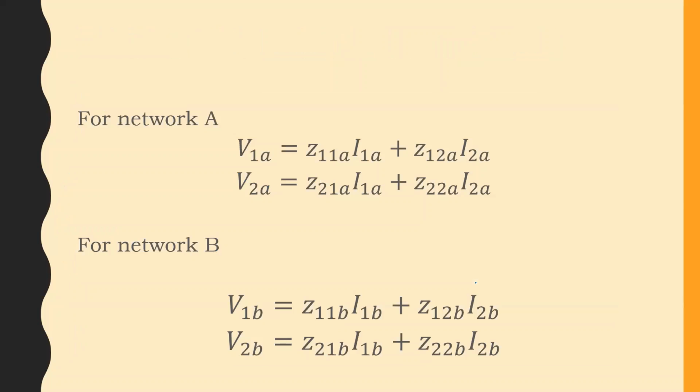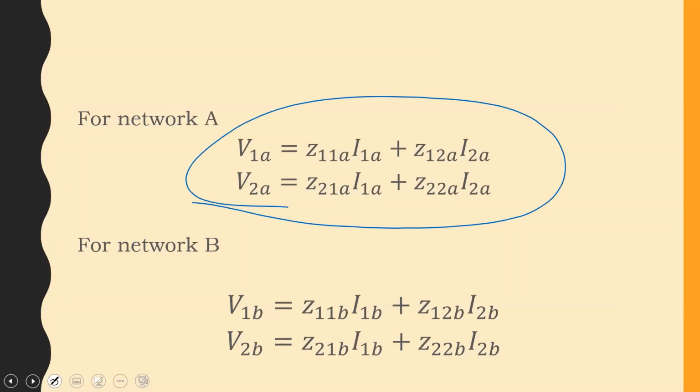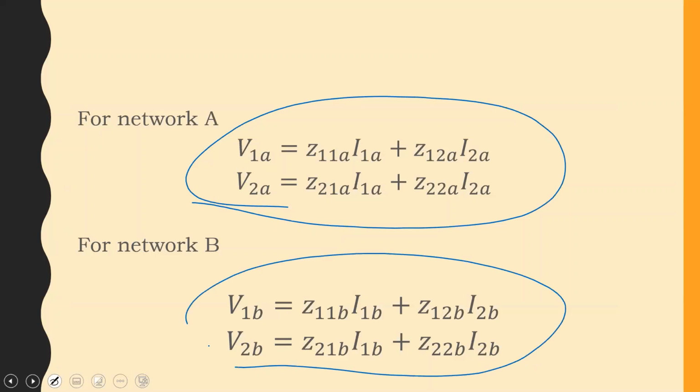So if we just put those in an equation, again, using the impedance parameters, we have the sets of equations for both networks. So V1 and V2 for networks A and B are written as shown in terms of the impedance parameters.